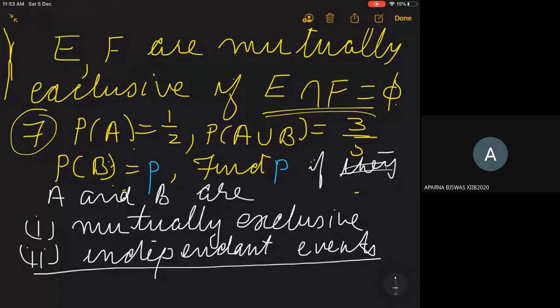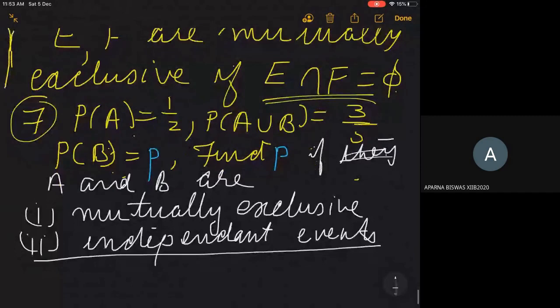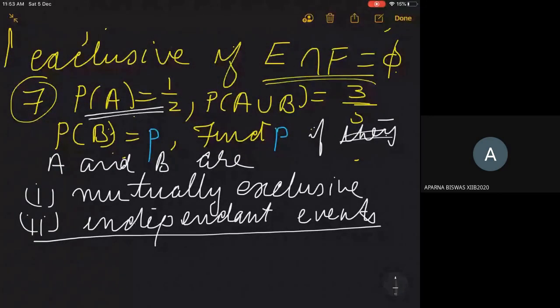So basic definition only you have to apply. We have given in the question P of A, P of B and P of A union B. Which formula will be applied here?